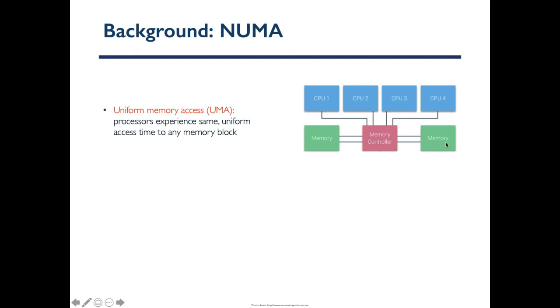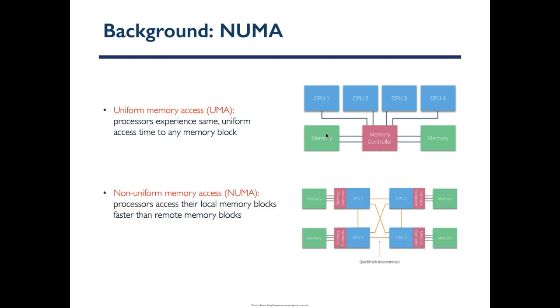It really doesn't matter which memory block this data is in. The access time to both of them is equal. So every memory access that a CPU makes has similar characteristics in terms of the time it takes to serve that memory request.